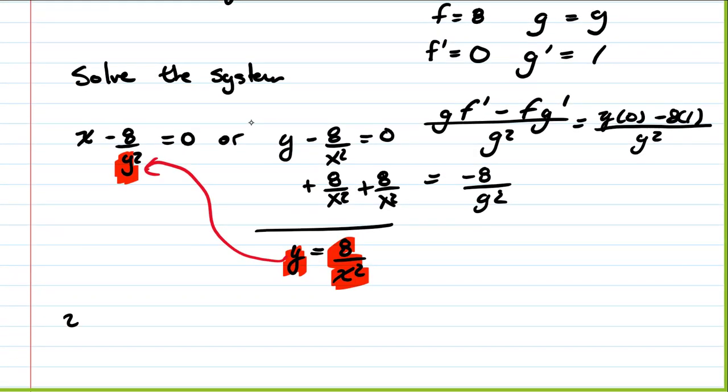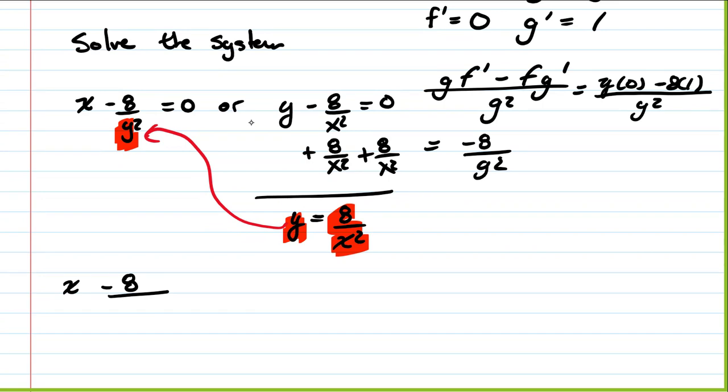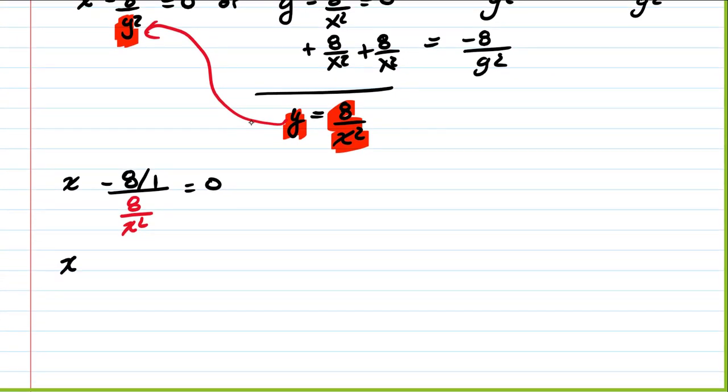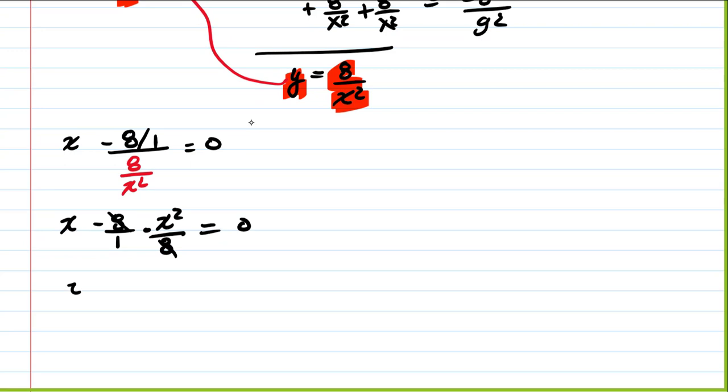And that gives me x minus 8 over, well, my y value is 8 over x squared, is equal to 0. So we can make negative 8 into a fraction by putting it over 1. And if we have a fraction divided by a fraction, we multiply by the reciprocal. So we get negative 8 over 1 times x squared over 8 is equal to 0. Our 8's reduce out, and we get x minus x squared is equal to 0.